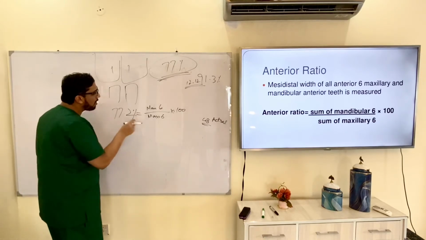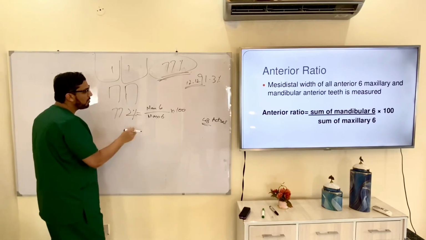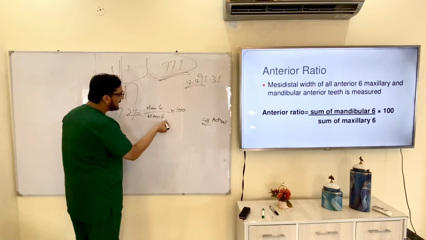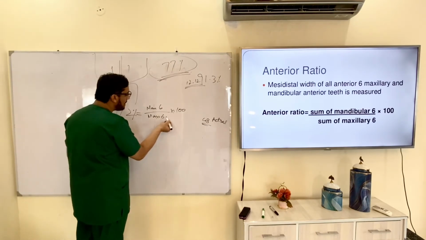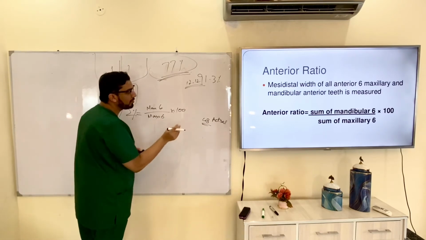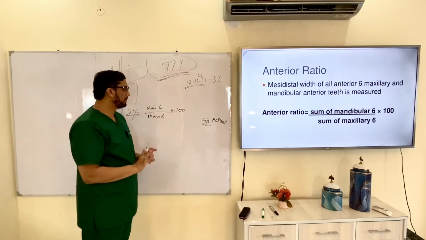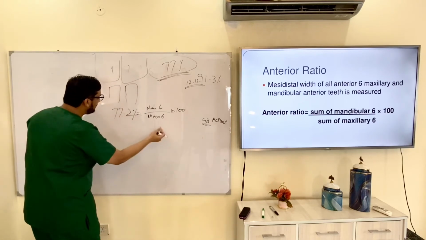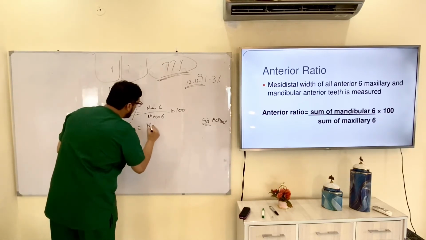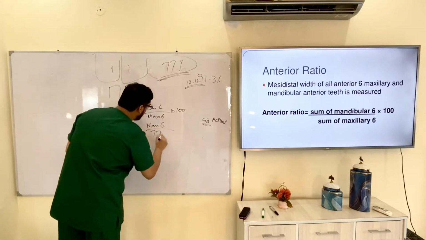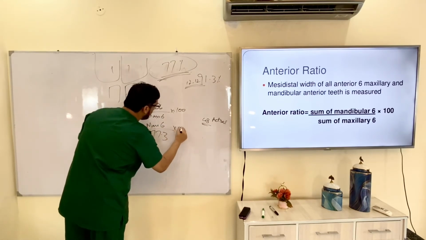Now you want to know what should be the ideal mesiodistal width of the maxillary 6 in order to have the best ratio. Using this formula, you will flip it like this. Maxillary 6 is mandibular 6 divided by 77.3 multiplied by 100.